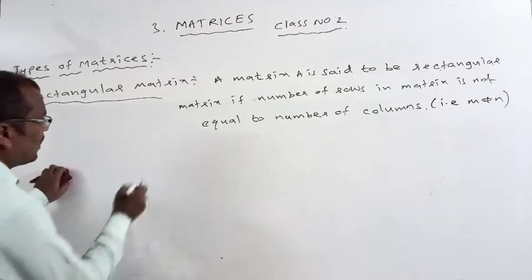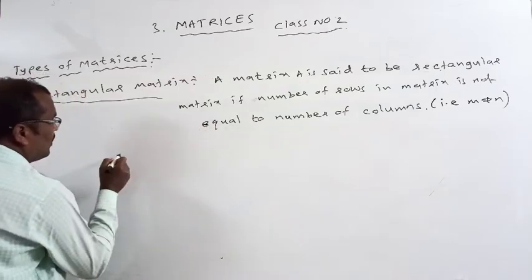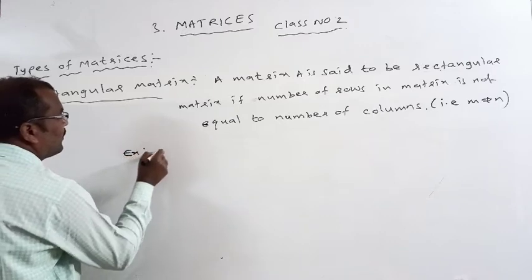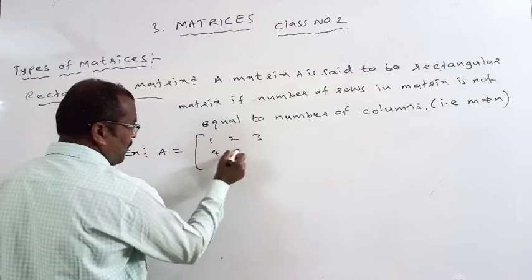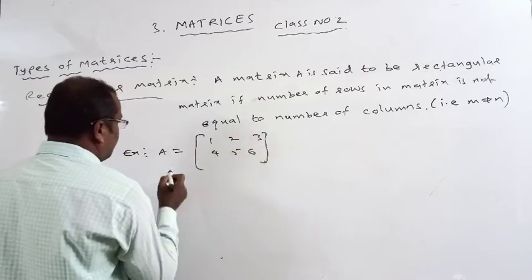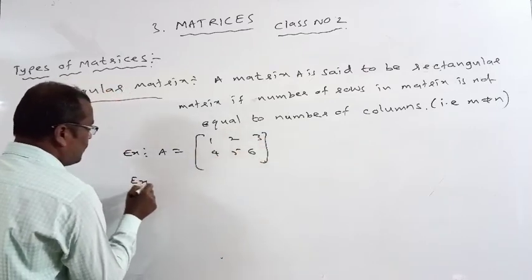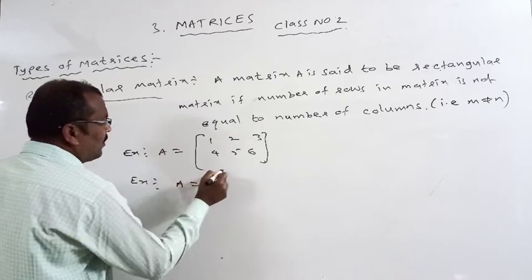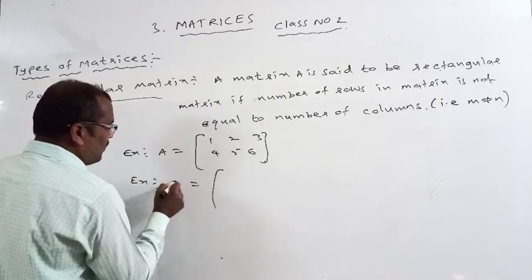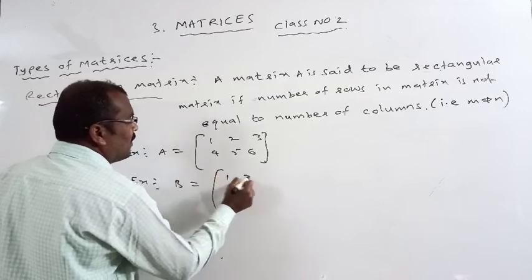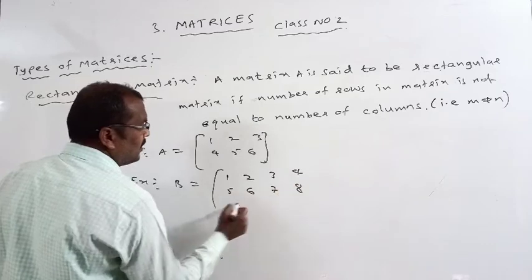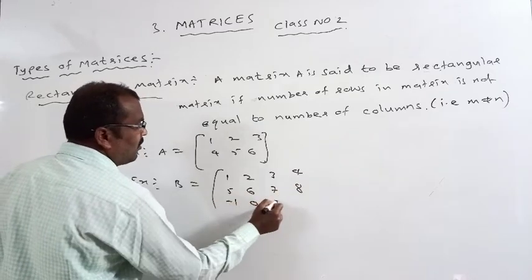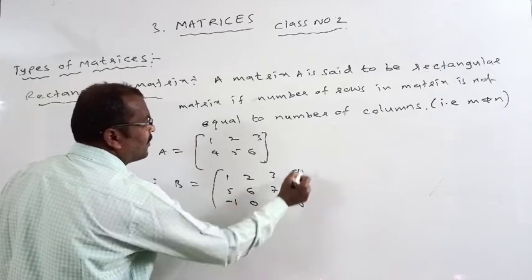Now what about the example? Example: A is equal to 1, 2, 3, 4, 5, 6. Next, example 2: B is equal to 1, 2, 3, 4, 5, 6, 7, 8, minus 1, 0, 5, 3.